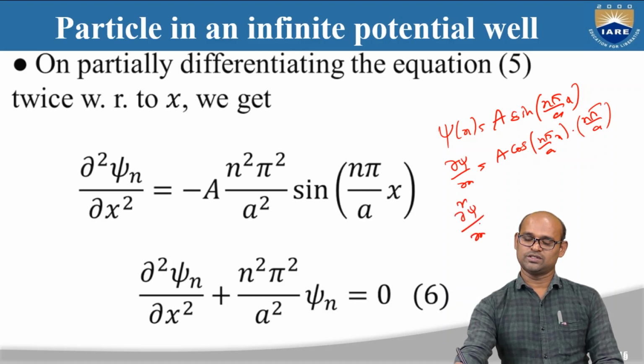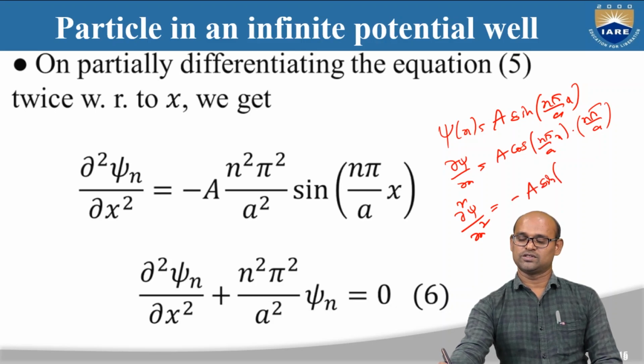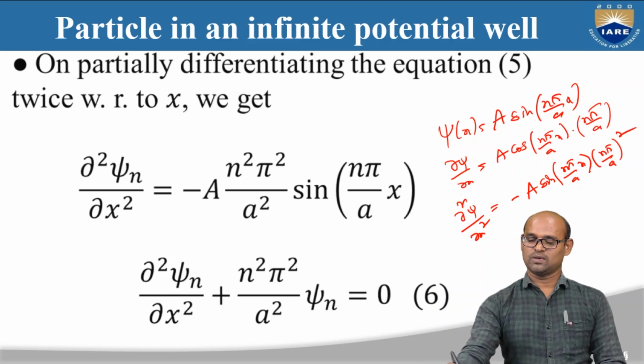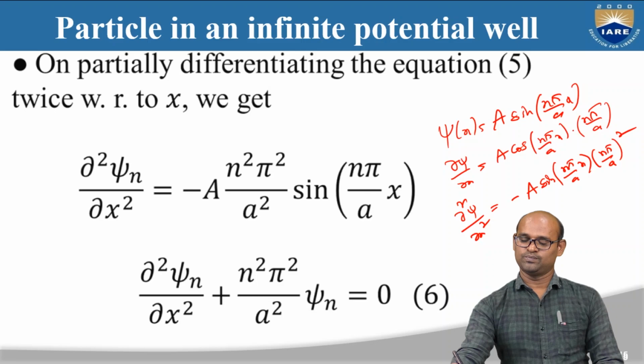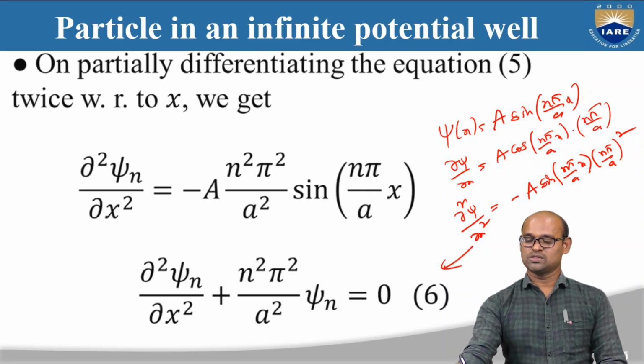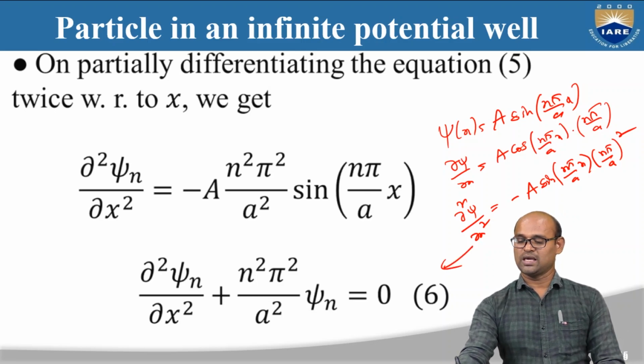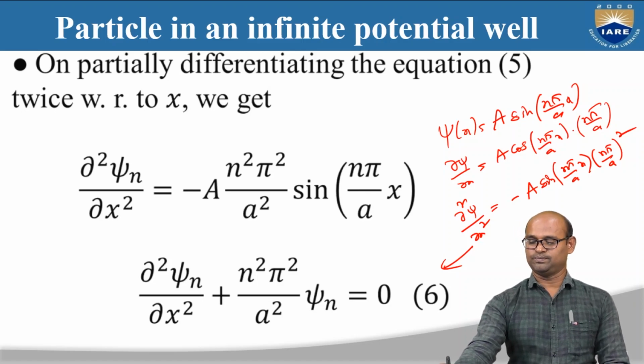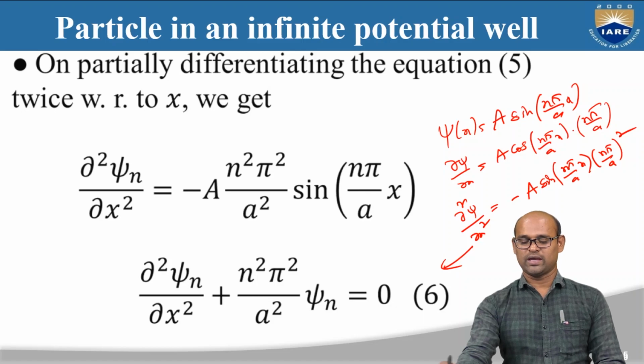So second differentiation, dou square psi by dou x square is equal to minus a sine, because the sine differential is minus, so n pi by a into x, and this is n pi by a, and again n pi by a, so that is n pi by a also. Okay, so basically I have dou square psi by dou x square is equal to minus a sine n pi by a into x into n square pi square by a square.